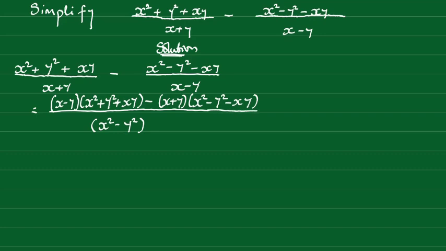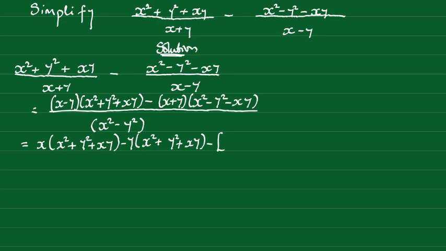Now, in solving this, we proceed to opening our brackets. So we have x multiplying (x squared plus y squared plus xy), and minus y does the same: minus y (x squared plus y squared plus xy). Now bring our minus sign here, and we'll have a bracket open.